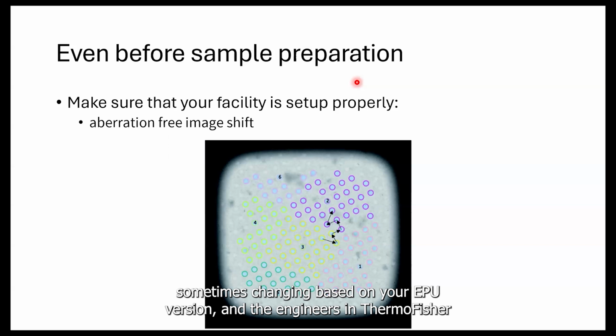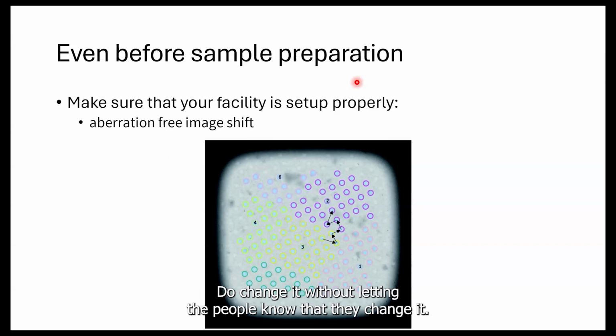The engineers at Thermo Fisher do change it without letting people know. But in the last few years, it has been 10 microns. If you do have other preferences, talk to your facility managers. They can change the settings inside the EPU program to make sure that you get the proper settings you want. If you see that you don't get proper images at 10 microns, maybe you want your AFIS range to be 8, and then it will be more accurate.